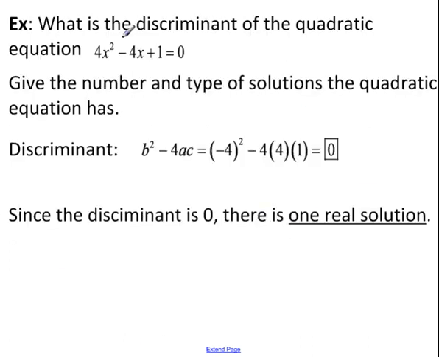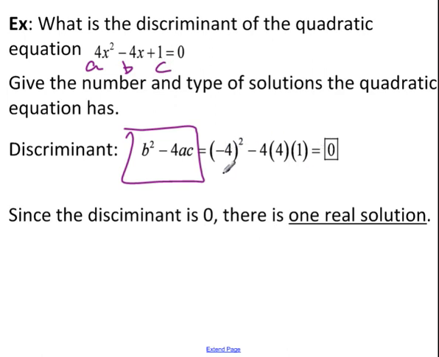So, when we get questions that say, hey, how many or what types of solutions are we going to get for this particular problem? We don't need to use the whole negative b plus or minus square root of b squared minus 4ac all over 2a. We just need this part, and that's our discriminant. So it's going to tell us. We plug in our a, our b, and our c right here.